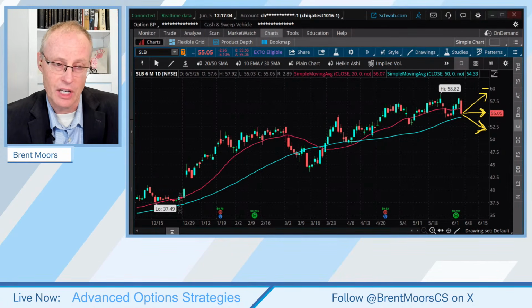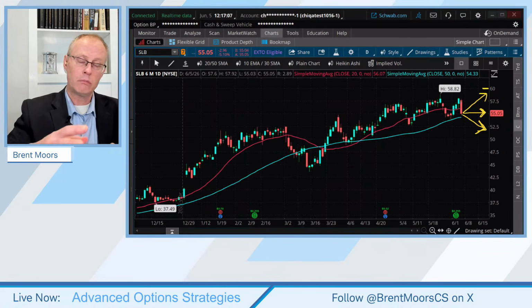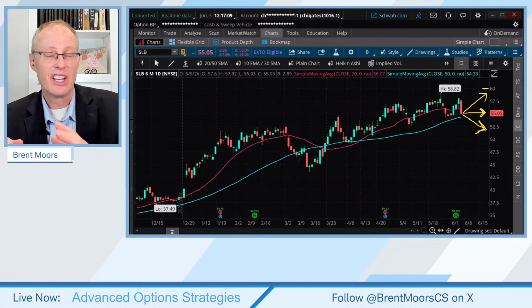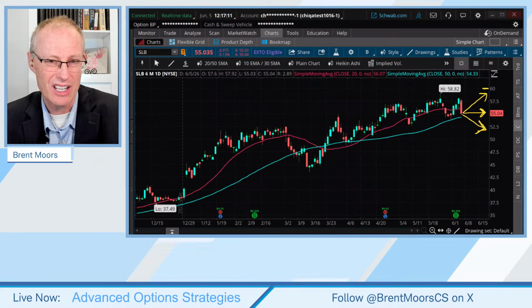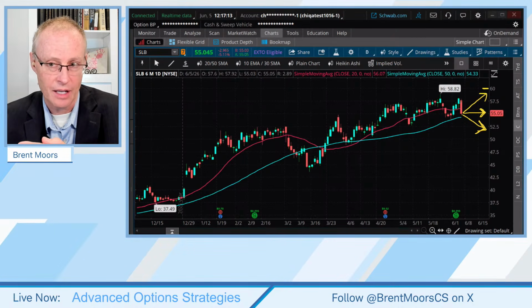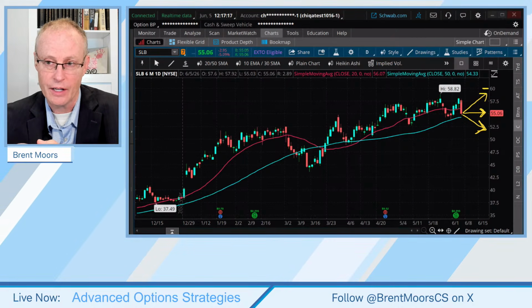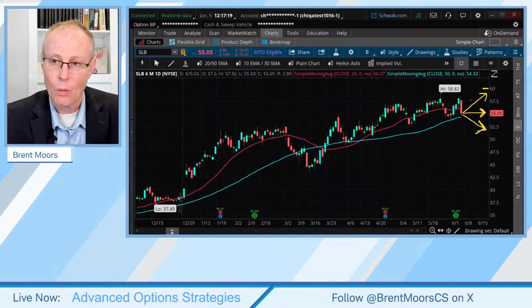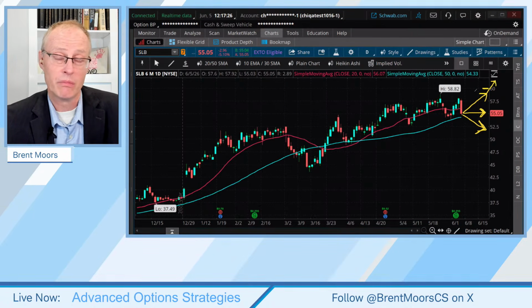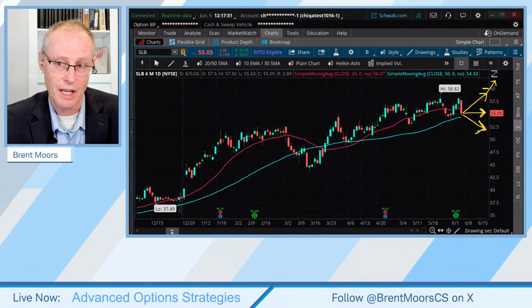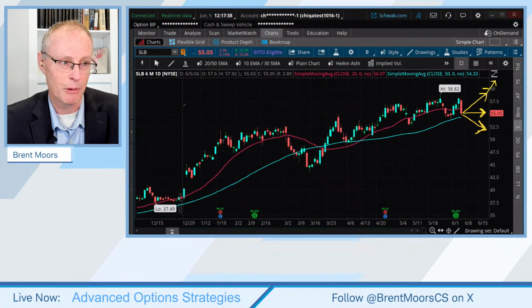And one difference here between doing, say, the covered call and doing this diagonal spread, which we're trying to kind of simulate the covered call in a sense, is that we're not on a covered call. With a covered call, we may just say, hey, if it goes in the money, we'll just get called out. We'll just let them buy our stock. Well, I don't have any underlying stock for them to buy in this case. So this is the situation where we're going to manage this before we get to expiration.